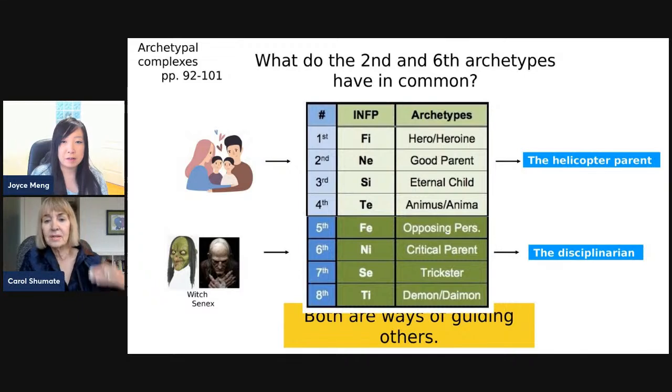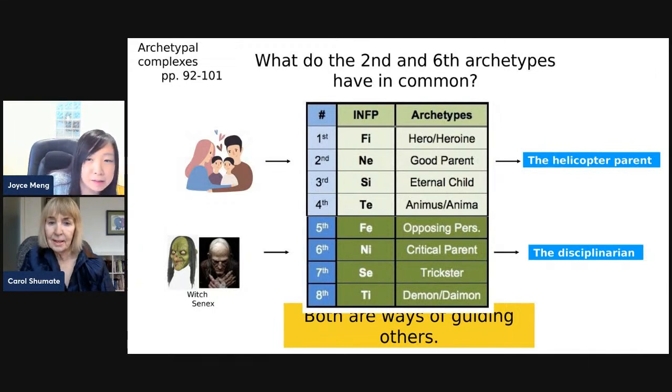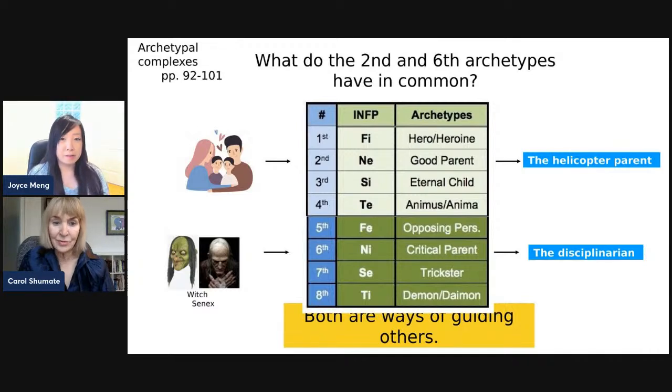So what do the second and sixth archetypes have in common? Well, they're both parental. The second archetype, if inflated, can turn into a helicopter parent. So even this very lovely archetype can sometimes have negative aspects to it.